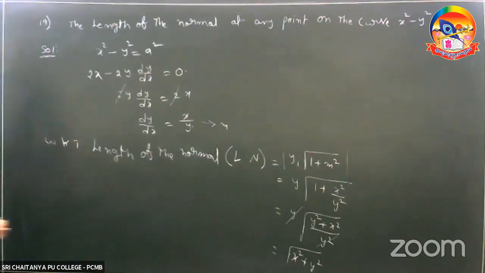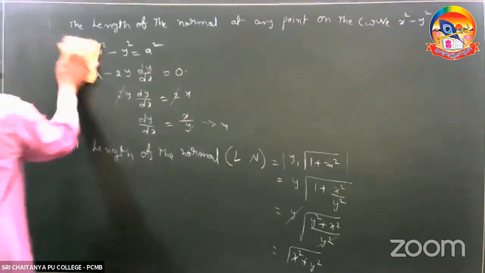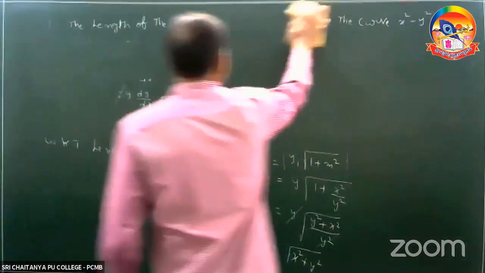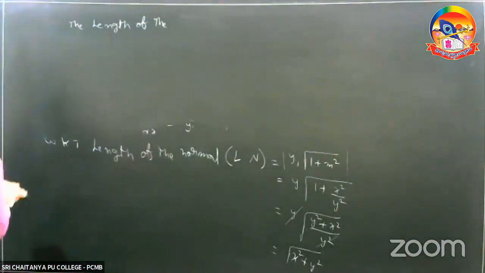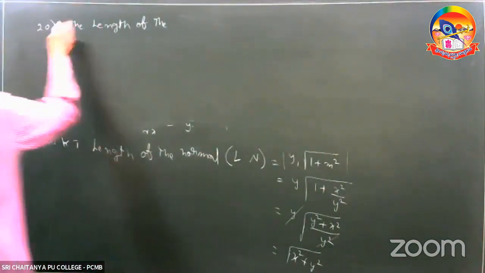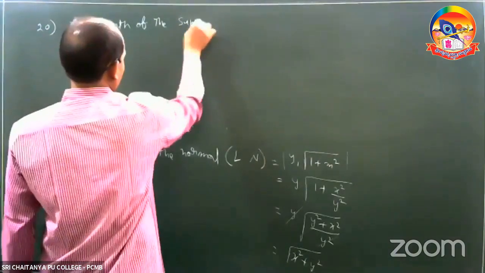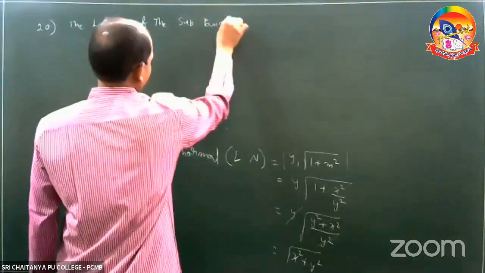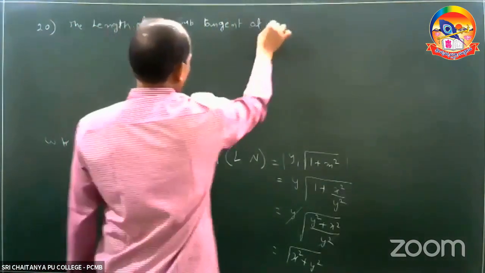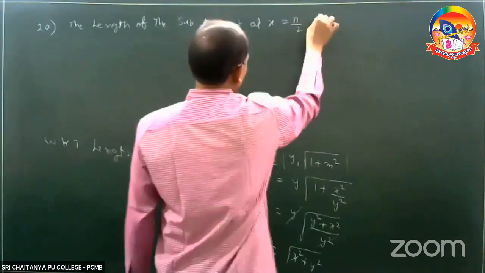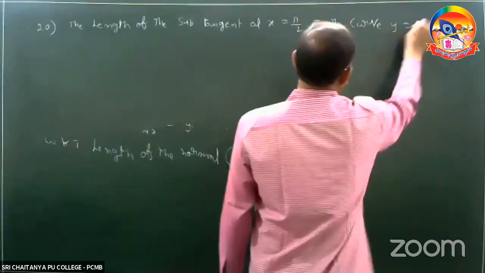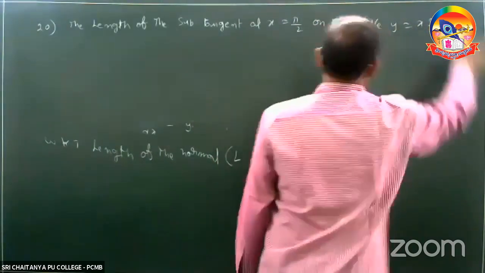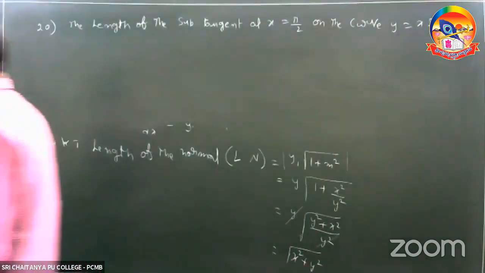Right, 20th. The length of the subtangent at x is equal to pi by 2 on the curve y is equal to x sin x.